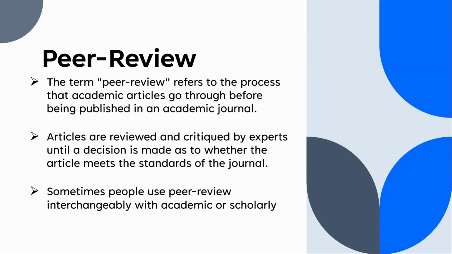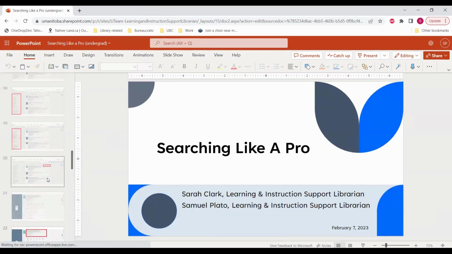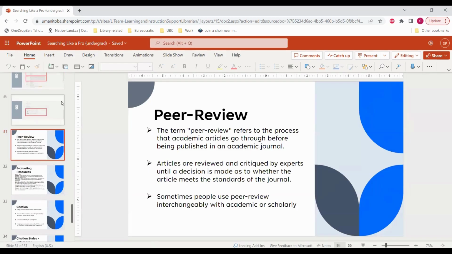But there's a wider range of scholarly items, such as academic books. Say you write a book on an academic process or subject, and you submit it to the University of Manitoba Press and get it published. Sorry, I'm not sure why it just backed out there. That is a scholarly work, but it does not go through the peer review process.